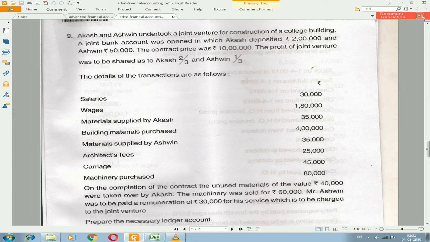Apart from that, one information we have is that machinery sold for rupees 60,000. In the starting they purchased it for 80,000 and they have sold it for 60,000. And whatever the assets taken over by the co-ventures, in the same manner only we need to treat this. We are not going to consider any profit or any loss for those assets sold, because the value sold is 60,000, and the value of that machinery is 80,000.